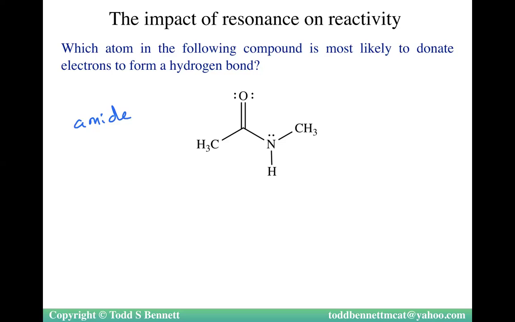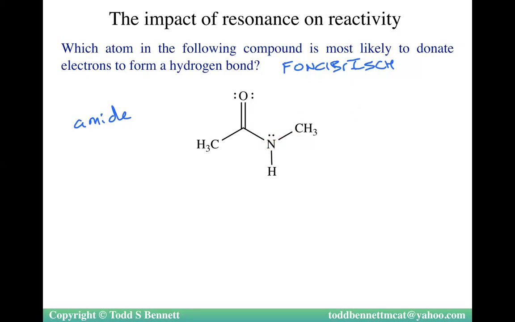So if I look at this structure, I have this resonance form, and my first thought would be going by Funkelbrich. I would predict nitrogen, being less electronegative than O, would be more willing to share, and so it would be the one most likely to give up its lone pair in resonance, or, excuse me, in hydrogen bonding.